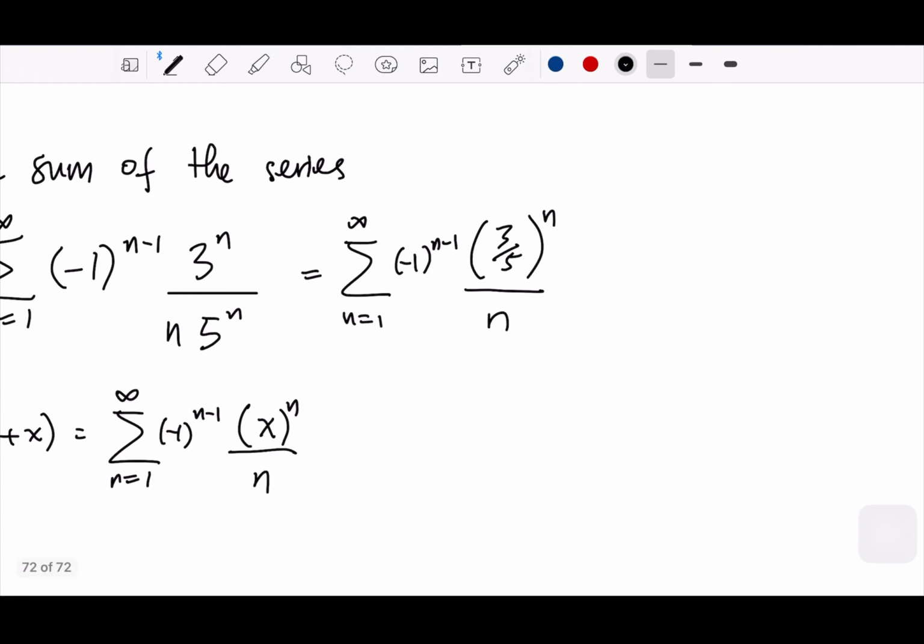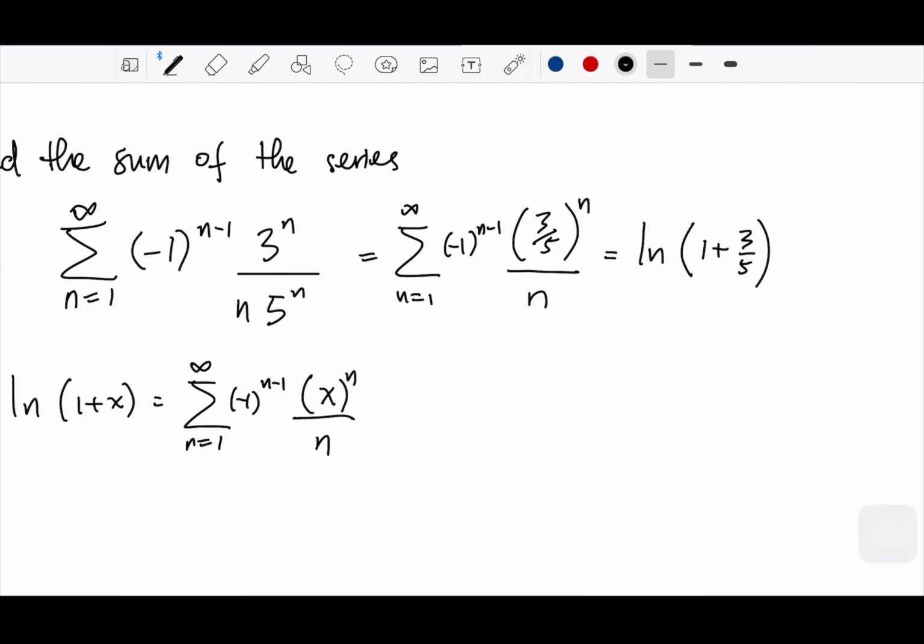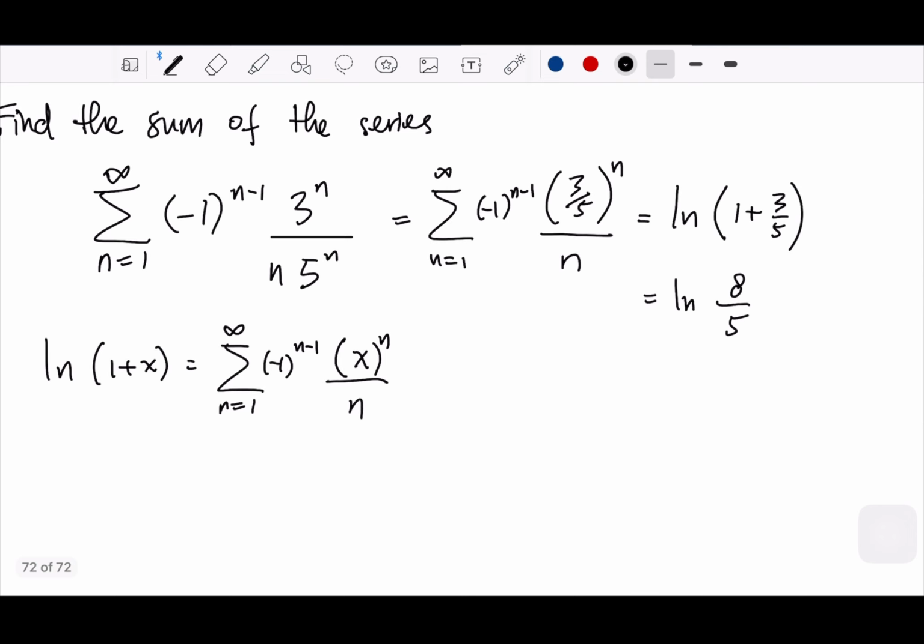So by doing so, this is actually equal to ln of 1 plus 3 over 5, and this becomes ln 8 over 5. So this is the answer.